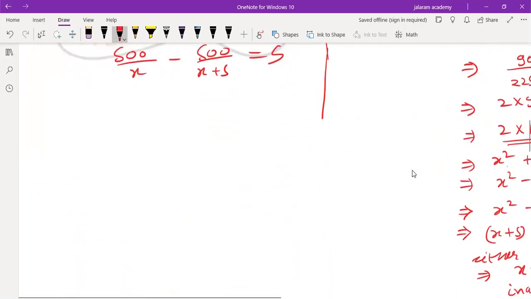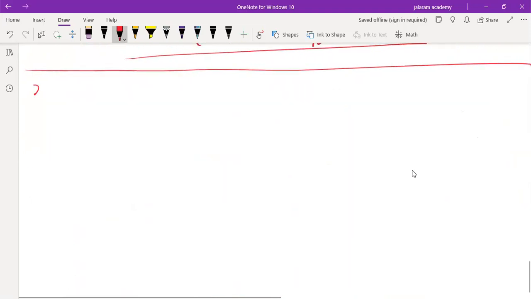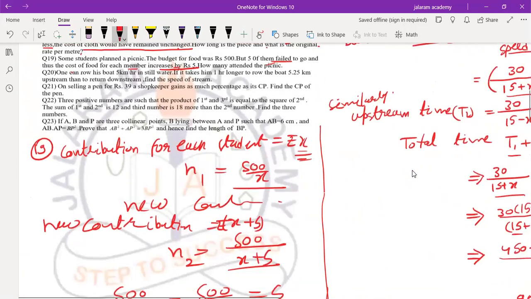Okay. Next question, question number 20. One can row his boat 5 km per hour in still water. If it takes him 1 hour longer to row the boat 5.25 km upstream than to return downstream.